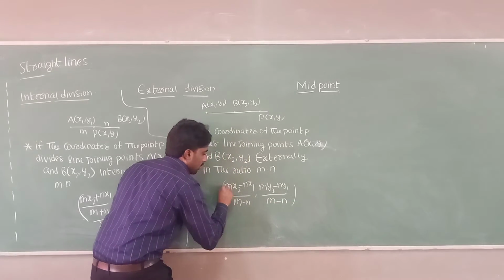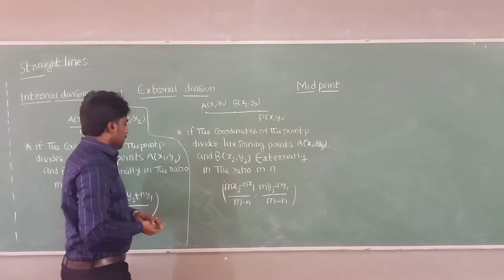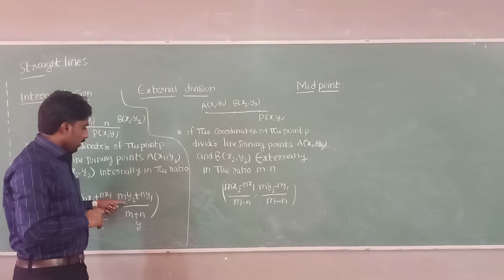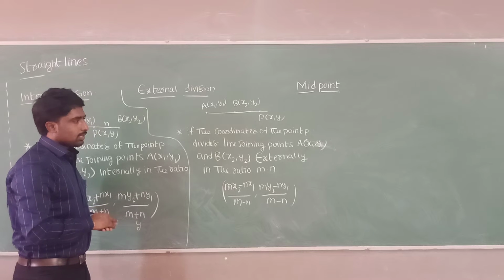All of you listen here. The internal division formula is mx2 plus nx1 by m plus n, my2 plus ny1 by m plus n.